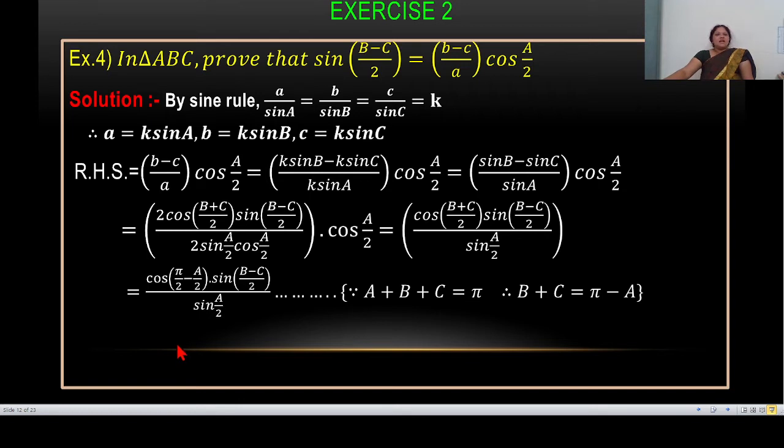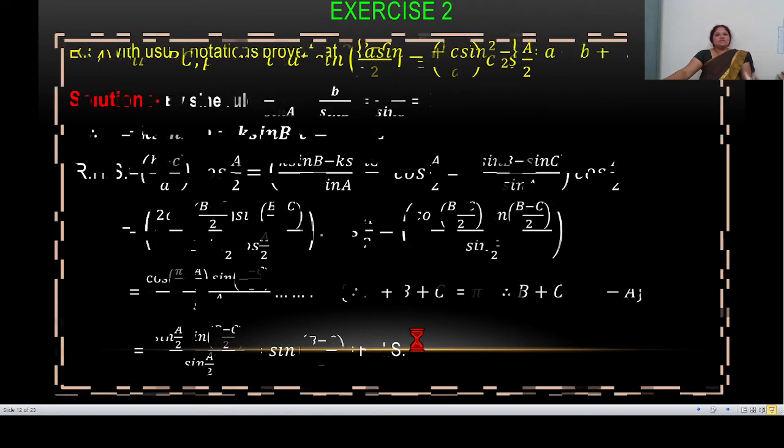By using allied angle, cos (pi upon 2 minus A by 2) equal to sin (A by 2). So sin (A by 2) into sin ((B minus C) upon 2) divided by sin (A upon 2). Sin (A upon 2) gets cancelled, equal to sin ((B minus C) upon 2) equal to LHS.